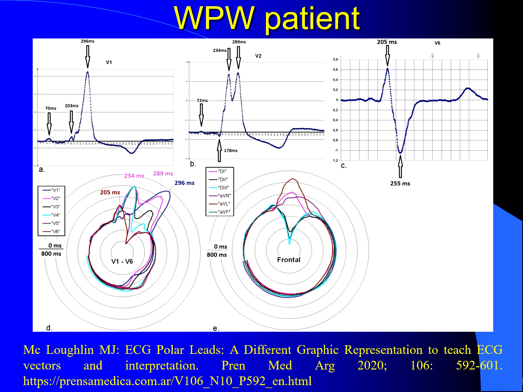Pool tracings A V1, B V2, C V6, and circular ECG D transverse, E frontal in one patient with pre-excitation and abnormal ventricular depolarization. The comparison with the image of the previous slide shows an abnormality that we will see in more detail in the next slide.